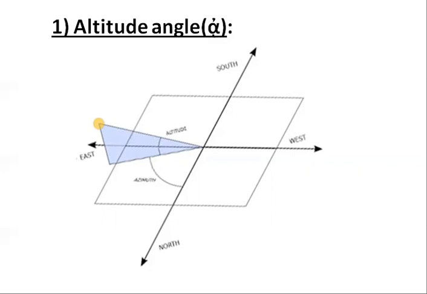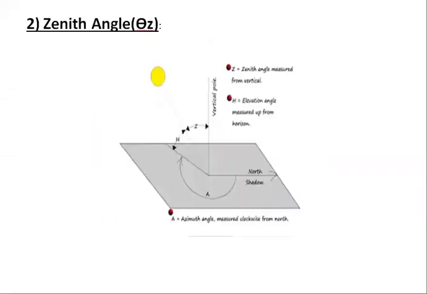And next, coming to the zenith angle. So here I'm explaining about zenith angle. Zenith angle is represented by theta z, and it is defined as the angle between the sun ray and perpendicular to the horizontal plane. That means again I considered the sun here, and this is the surface which I considered. So here this is the center of the surface.